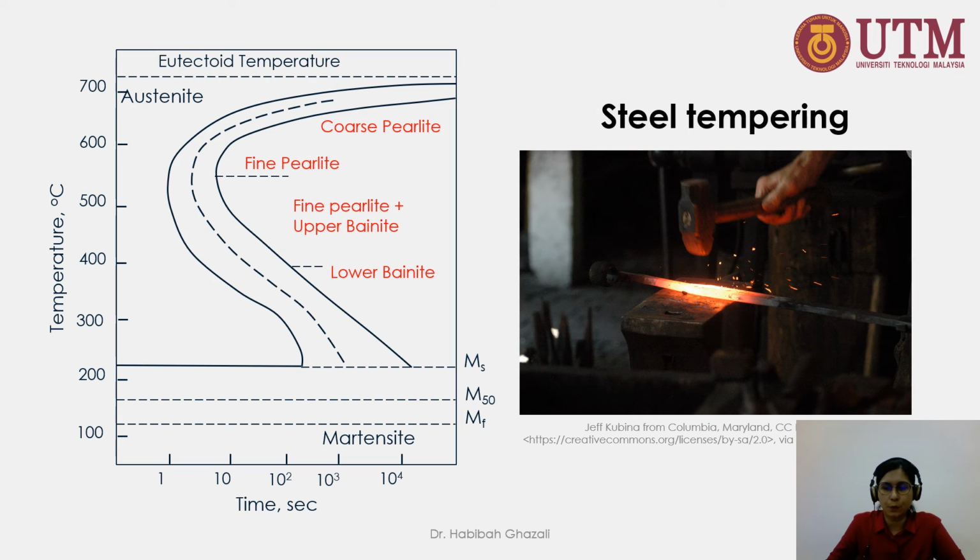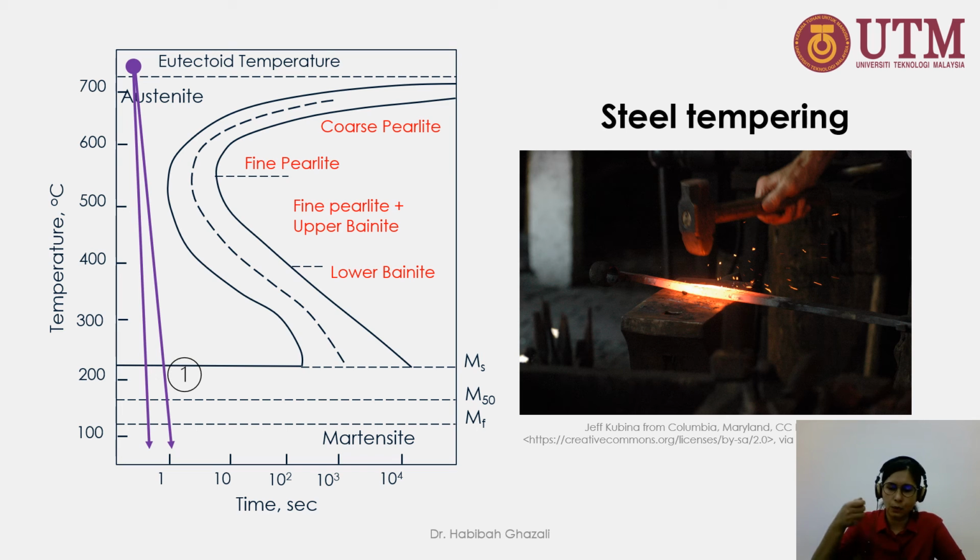If you have ever watched this process, the blacksmith will heat up the steel. In the case of eutectoid steel, they will heat it above the eutectoid temperature and transform all the existing phases into austenite. The next step is that they will quench it to room temperature. They rapidly cool it inside water, so the austenite at 727 degrees Celsius is rapidly cooled to room temperature.